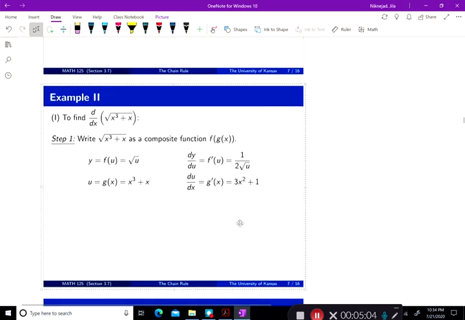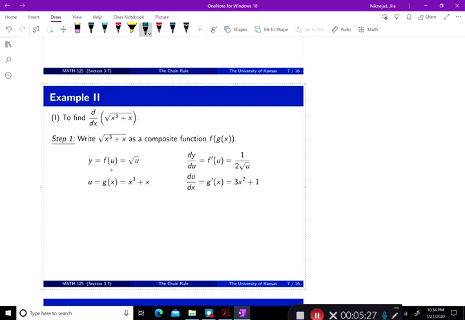And so write it out, y equal to f of u, and f of u is equal to square root of u, and u is equal to g of x, which is x cubed plus x. Now, take the derivative of each function.